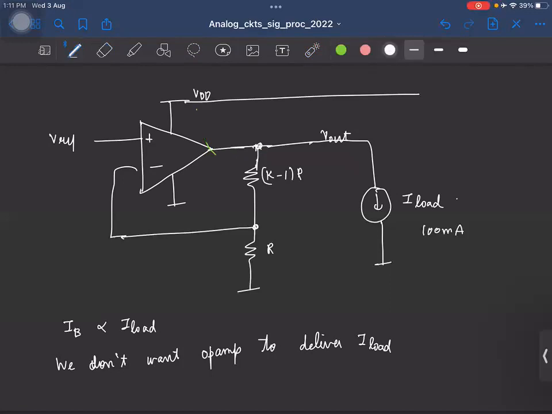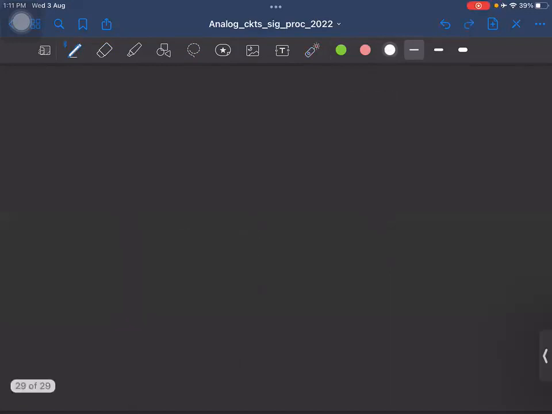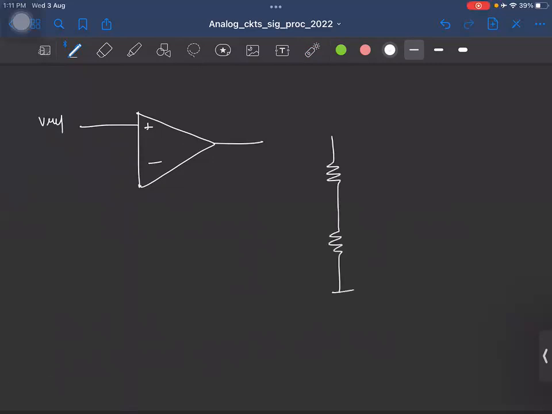let me go to the next page. So this is the out.